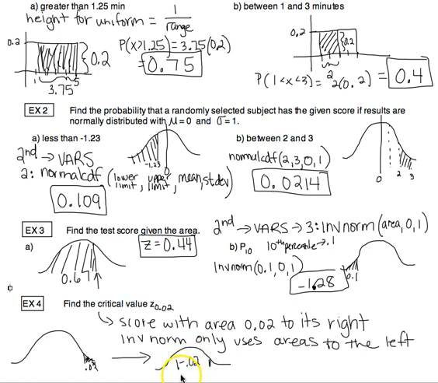So 1 minus 0.02 gives us 0.98. So what we're going to be typing into our calculator is inverse norm of 0.98, comma, mean of 0, comma, standard deviation of 1.